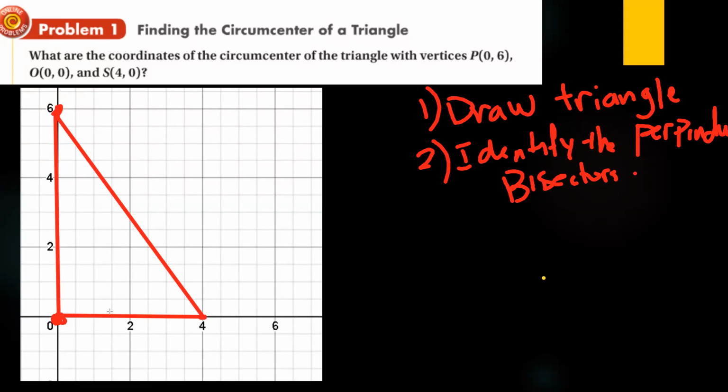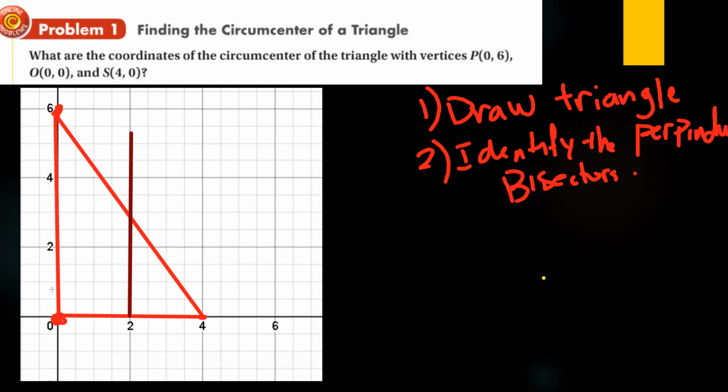So if the length of the bottom one is 4, where is the midpoint that cuts the line into 2 equal halves? At 2. Bravo. So here it will be perpendicular and cut it into 2 equal halves.